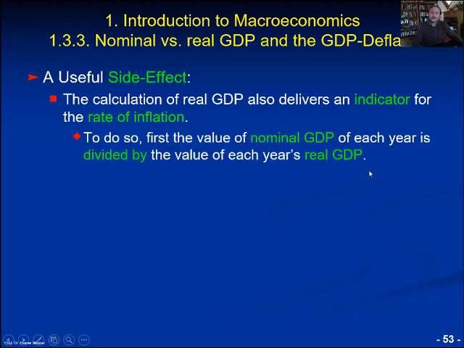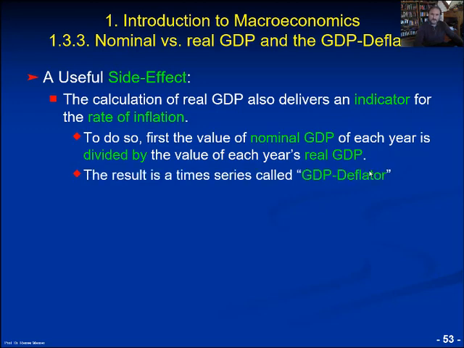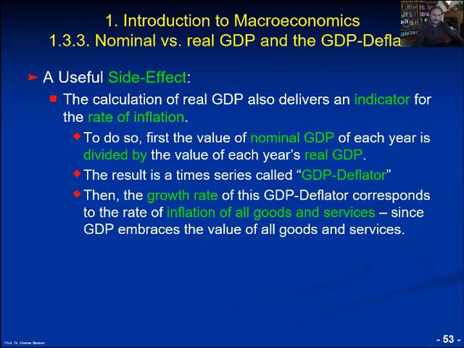To do so, we first take the value of nominal GDP of each year and divide this value by the value of each year's real GDP. The resulting time series is called the GDP deflator. It's a measure for the average price level in this economy. Therefore, the growth rate of this GDP deflator corresponds to the rate of inflation of all the prices of all goods and services in this economy.